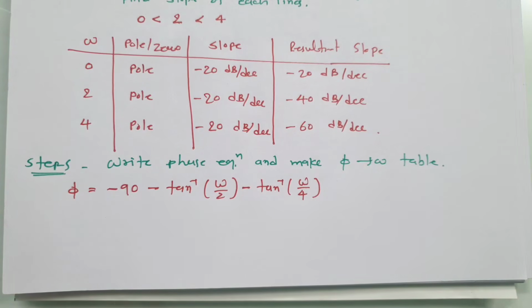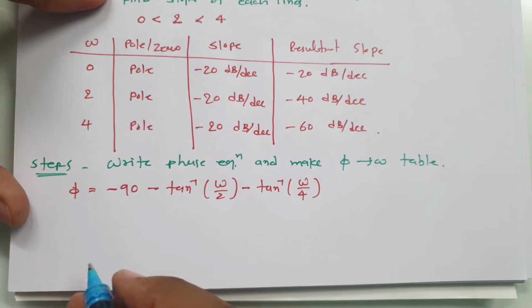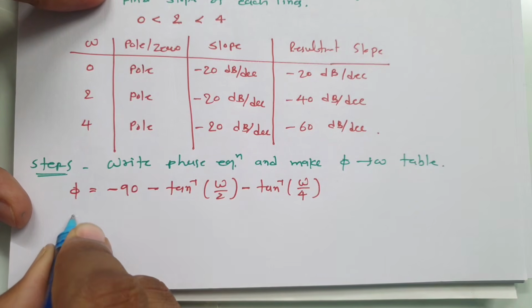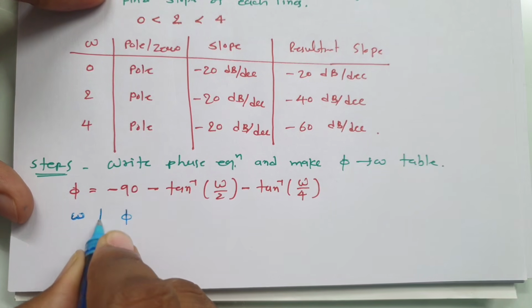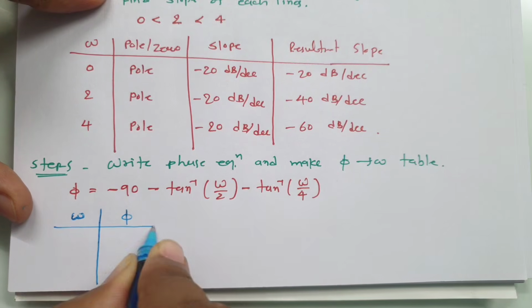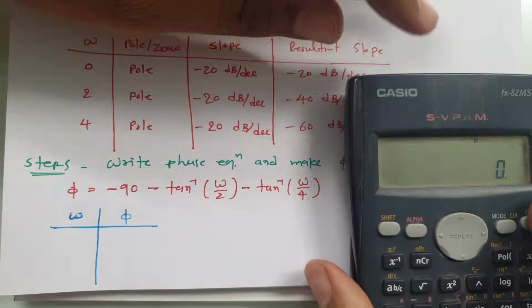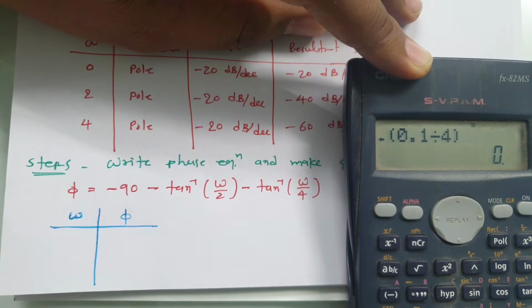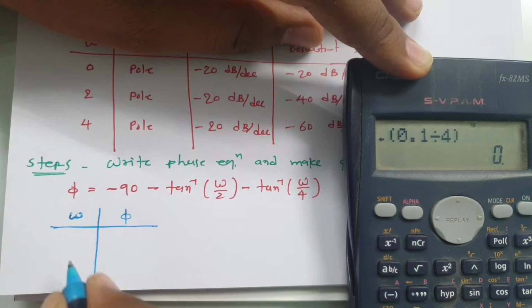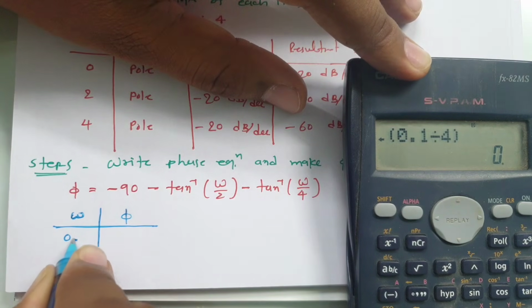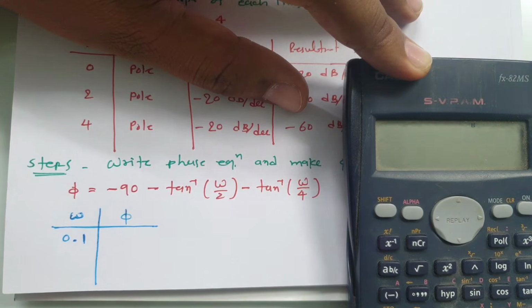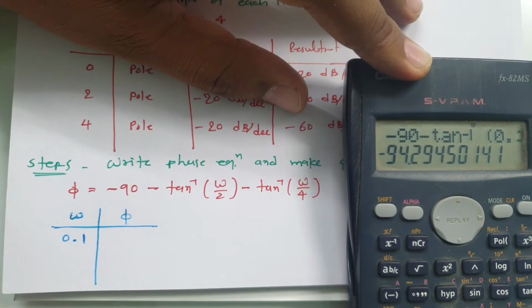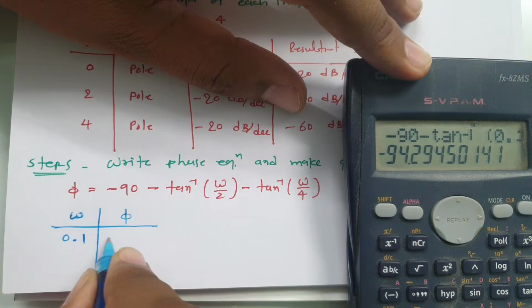Now here we will be making a table of phase with respect to frequency. So you see, here we have frequency and here we have phase, and we are going to make a table of it. Let us consider first omega equals 0.1, and I am just finding the phase. You see, that is minus 94.